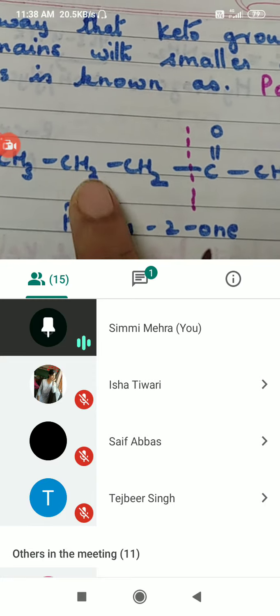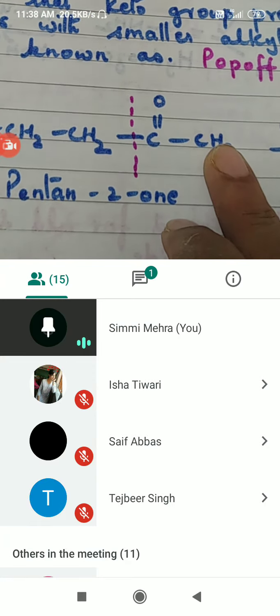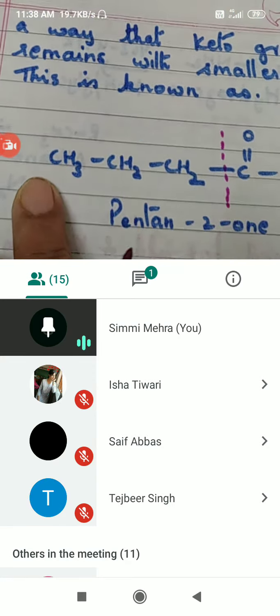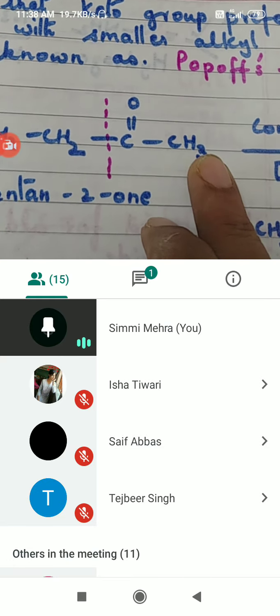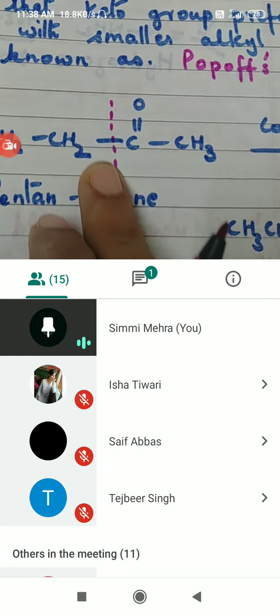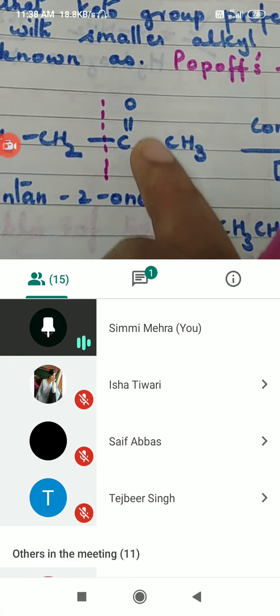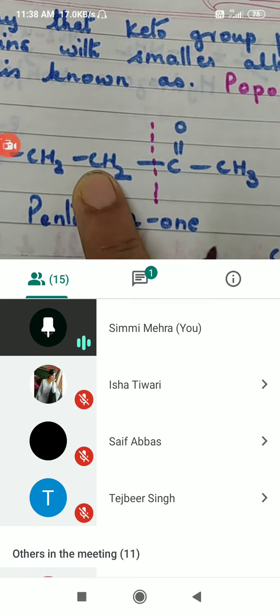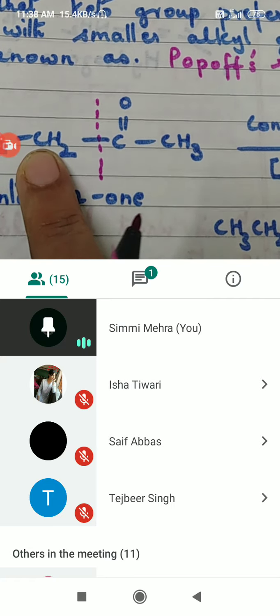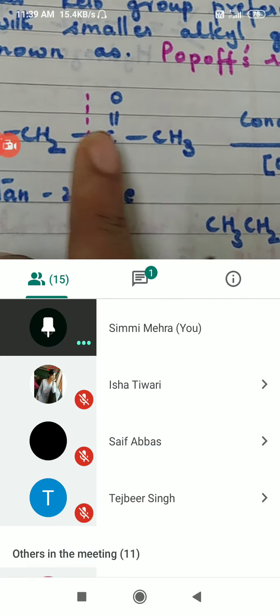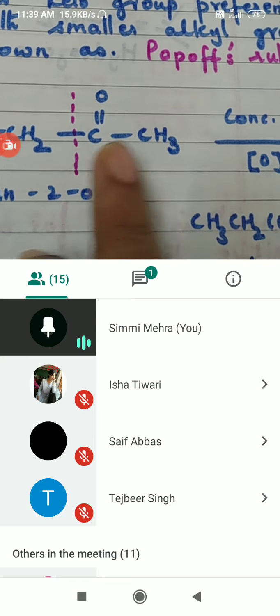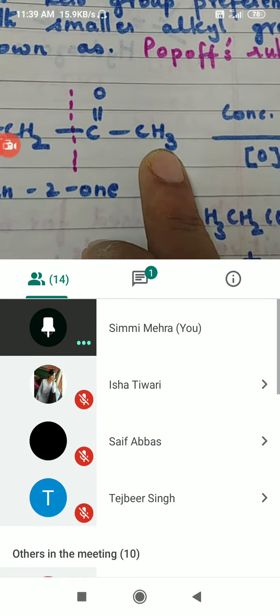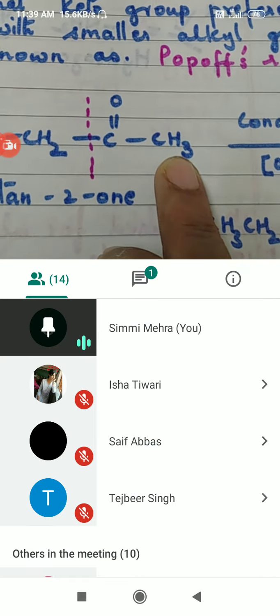I have got 1, 2, 3, 4, 5 carbon atoms, right? Here on this side it is 3 carbon atoms, on this side it is 1 carbon atom. It could break like this, or it can also break like this, then this ketonic group will go with this alkyl group. That is not correct. Which bond will break? This bond will break. C double bond O will always go with the smaller alkyl group having the lesser number of carbon atoms.